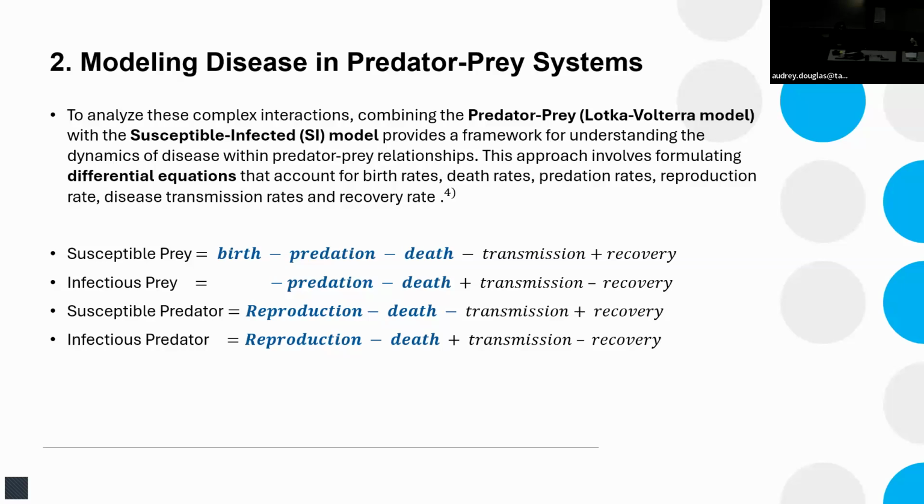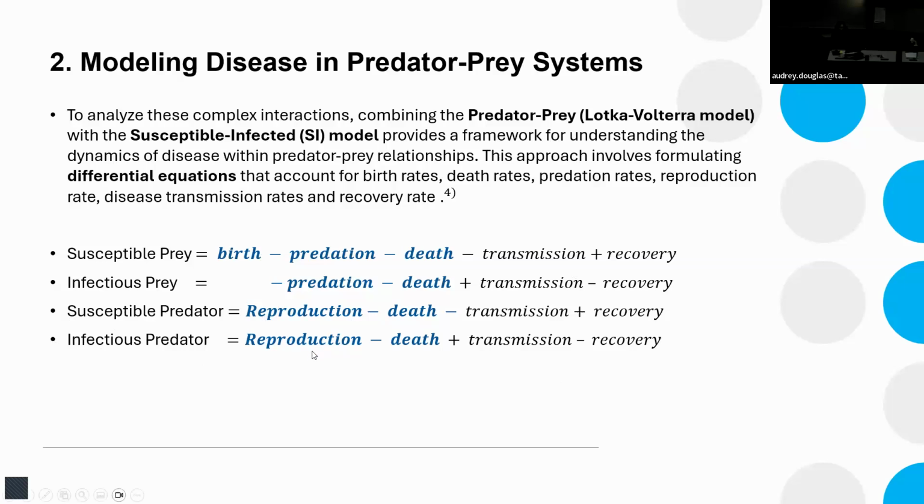And if you see the second one, there is infectious prey. We assume only the infectious prey give birth to susceptible prey. And then in the last 2 equations, there is no birth rate because predator reproduction rate is only tied to prey consumption.